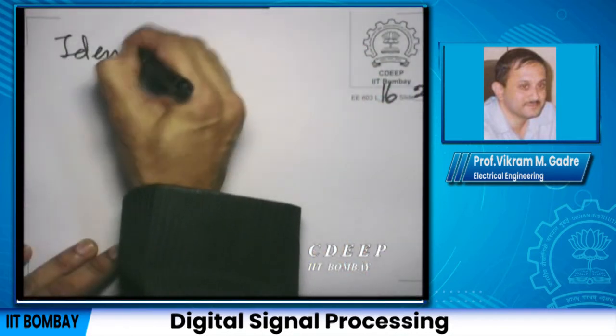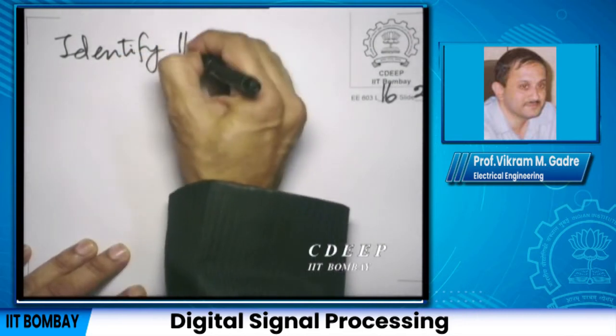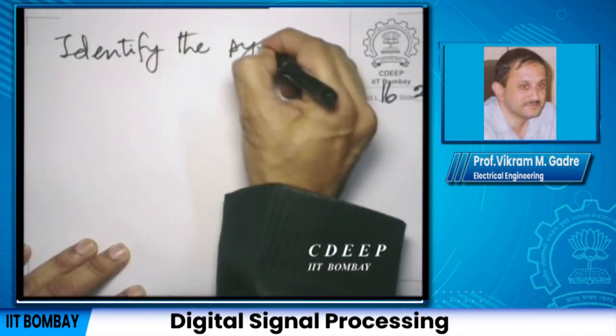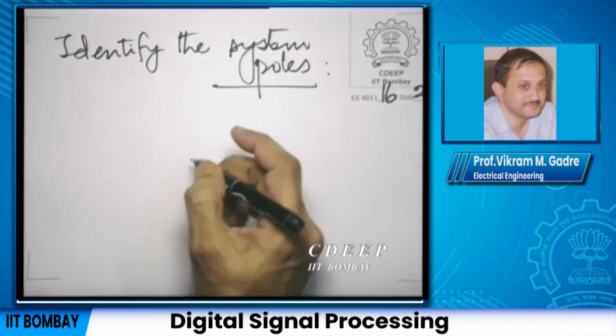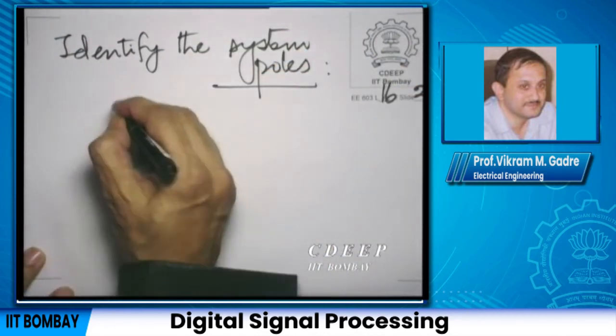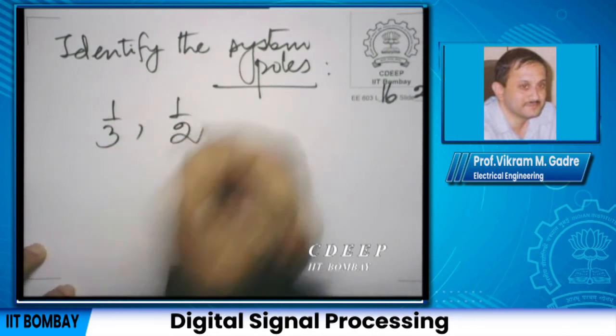Identify what are called the system poles now. Where are the system poles? Here they are at 1/3 and half.